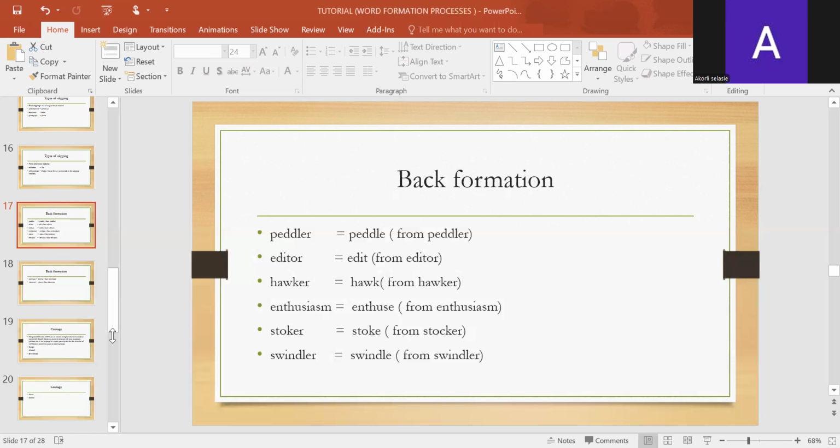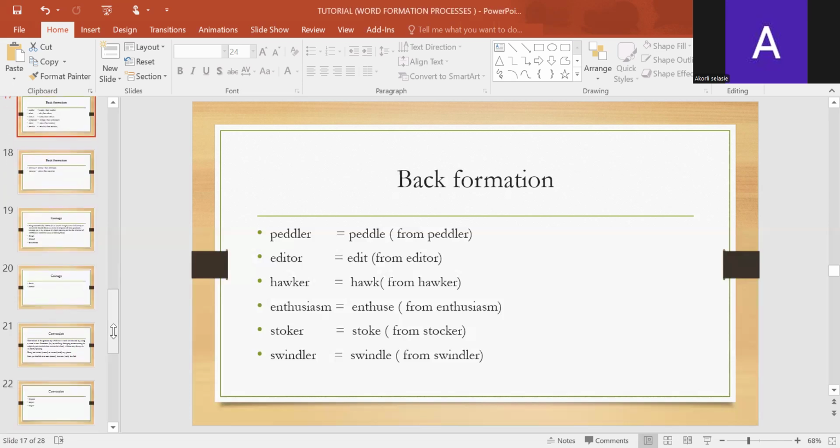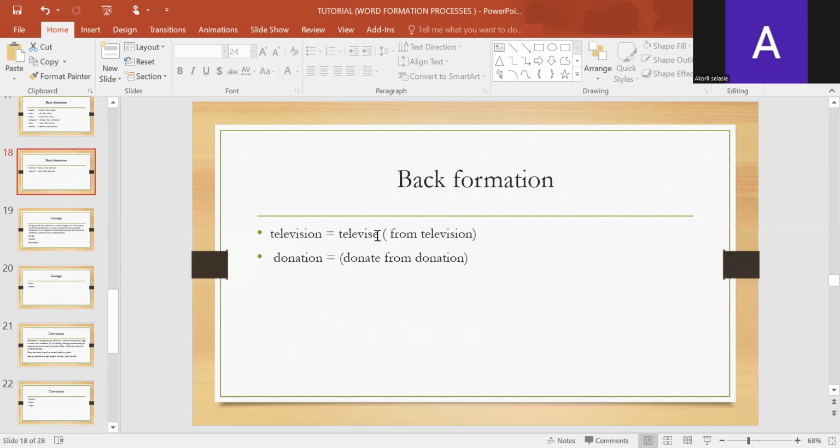So in the examination, you may see a word like that, and they will say, this is derived from. If it is derived from, then it's back formation. It actually is a kind of clipping, but specifically, it is back formation. You see a verb derived from a noun. Televise from television, and donate from donation.